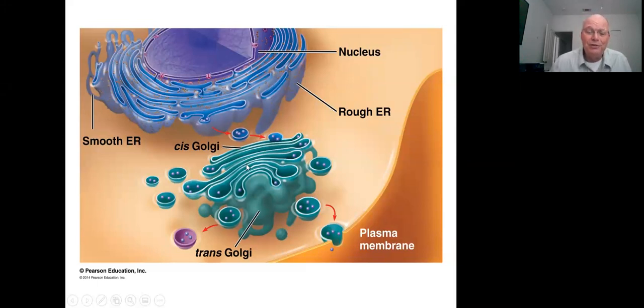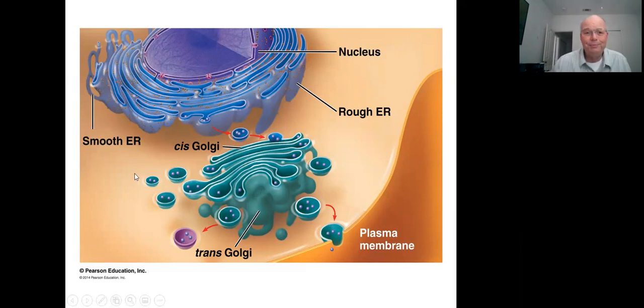And the transport vesicles should be considered as the trucks that transport materials from one location to the next, linking all of these features together and integrating this into a single manufacturing system inside the cell.